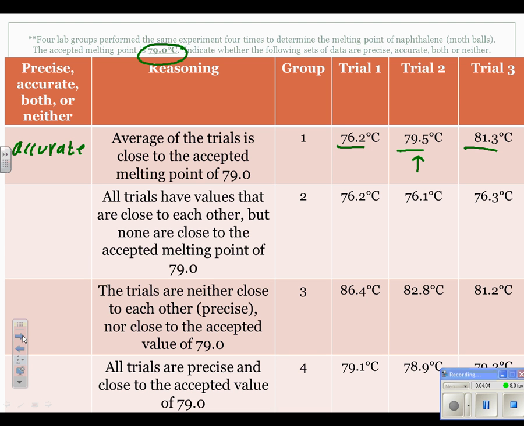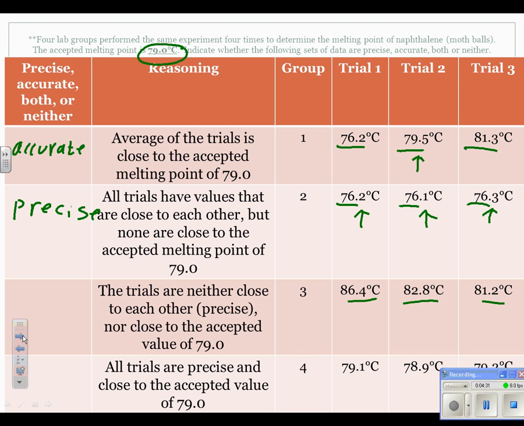Now group 2 is 76.2, 76.1, 76.3. They obviously didn't hit 79.0, so this is by no means accurate at all. But they're all within 0.1 decimal of each other, so 1/10 of each other. So we'll definitely call that one precise. On the third trial, 86.4, 82.8, 81.2.